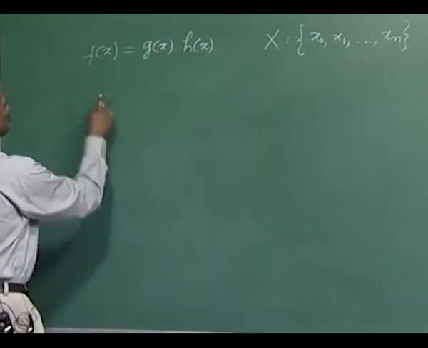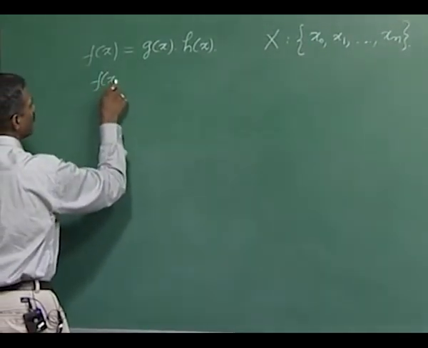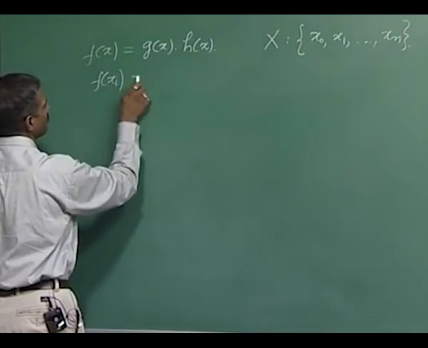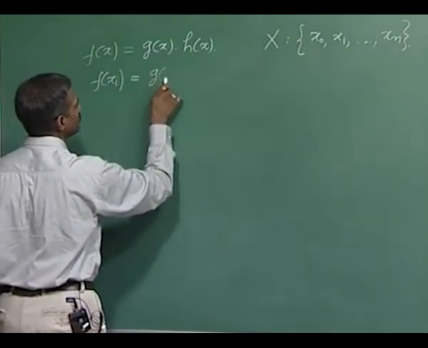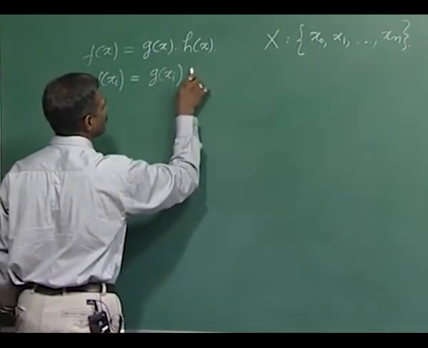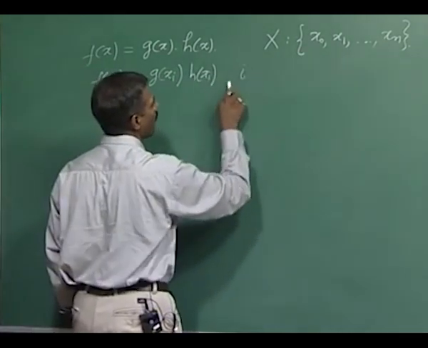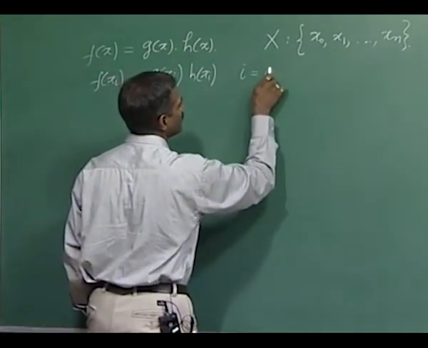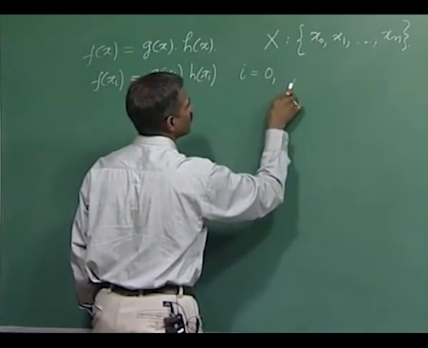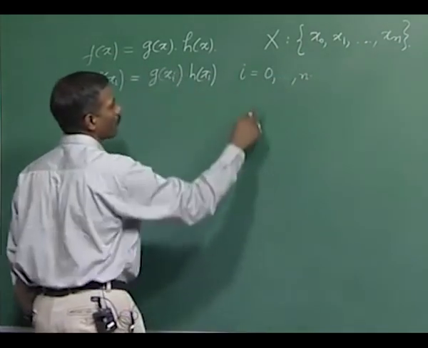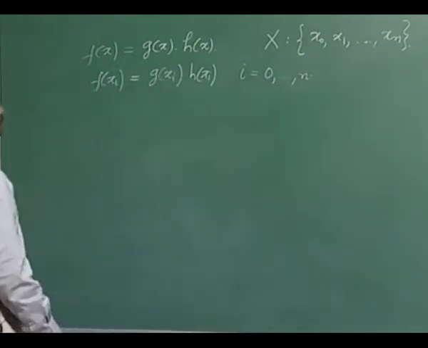We assume that we know f(xi), which is equal to g(xi) times h(xi) for all i going from 0 to n.